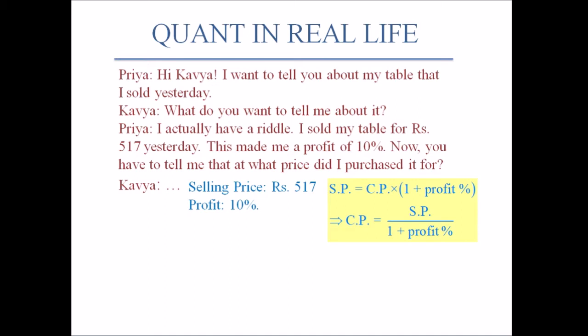After substituting the values, we get cost price equals 517 upon 1 plus 10%, which we can write as cost price equals 517 upon 1 plus 10 upon 100, since we can write 10% as 10 upon 100. While calculating, we can divide 10 by 100 and write it as 1 upon 10. This implies the cost price equals 517 upon 11 by 10.